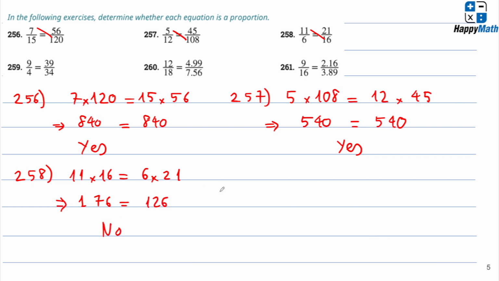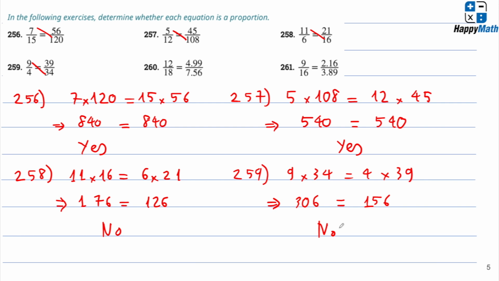No, this is not a proportion because the left-hand side and the right-hand side are not equal. 259, okay, 9 multiply 34 and compare to 4 multiply 39. 9 times 34 is 306. The other one will be 156. So no, this is not a proportion.